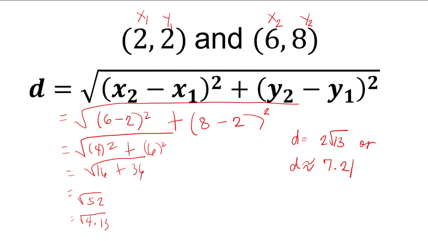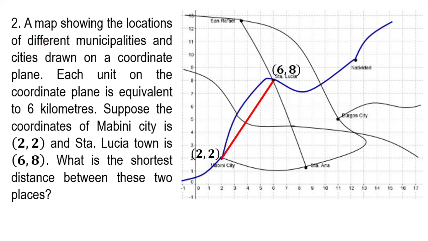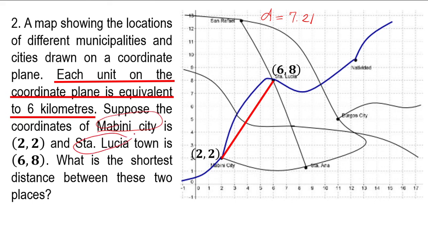Basahin ulit natin yung problem. Sabi niya, each unit on the coordinate plane is equivalent to 6 kilometers. Okay? So, kung ang distance natin is approximately equal to 7.21, para makuha natin yung distance from Mabini to Santa Lucia, i-multiply pa natin siya sa 6 kasi each unit is equivalent to 6 kilometers.